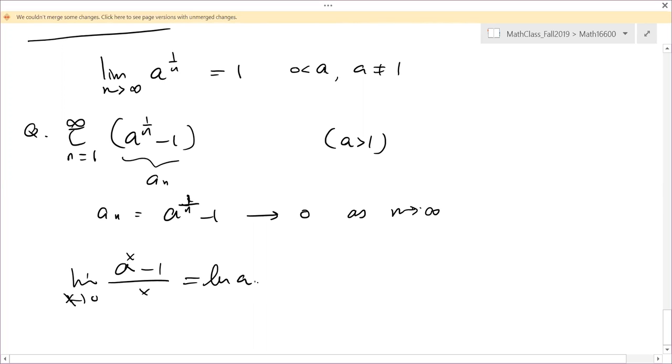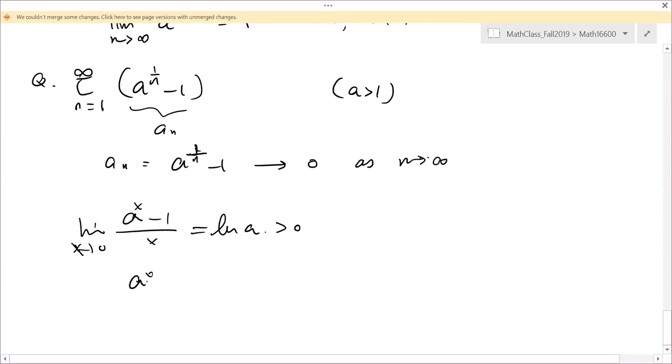It's a positive number if a is greater than 1. I think we should know that fact. That's enough. That means a to the x minus 1 is almost equal to x when x is small, of course up to multiplying by a constant.